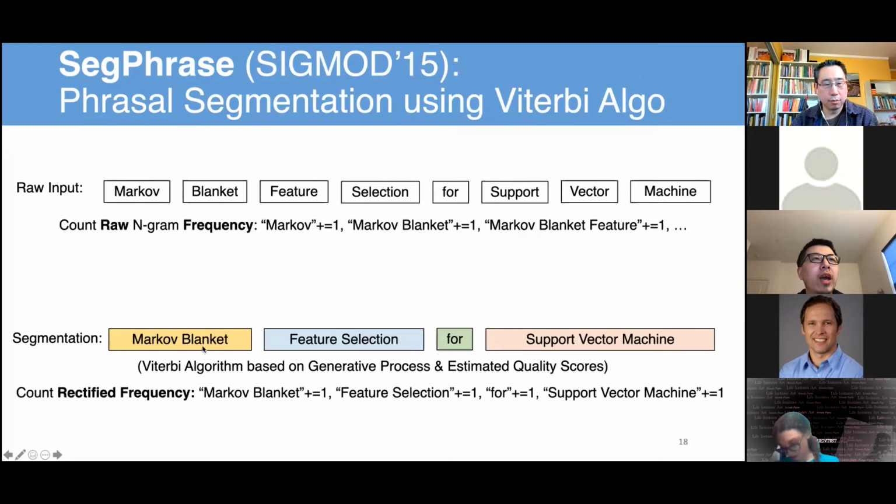But now we have these segmentation results. Why not just count the whole phrase? We can count Markov blanket only without over-counting Markov itself, blanket itself, or even blanket features like feature here. So with this counting based on phrases, we can have a rectified frequency.